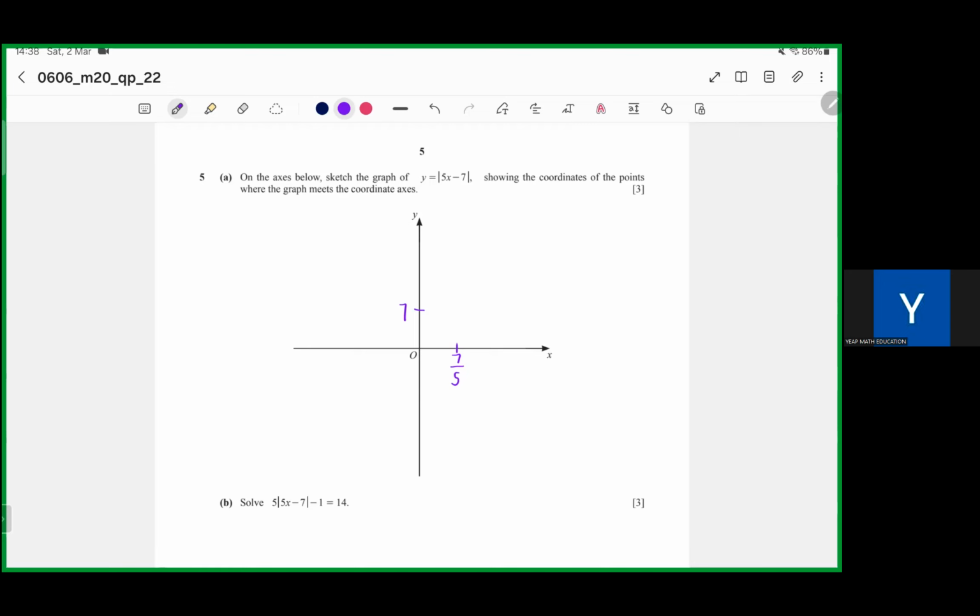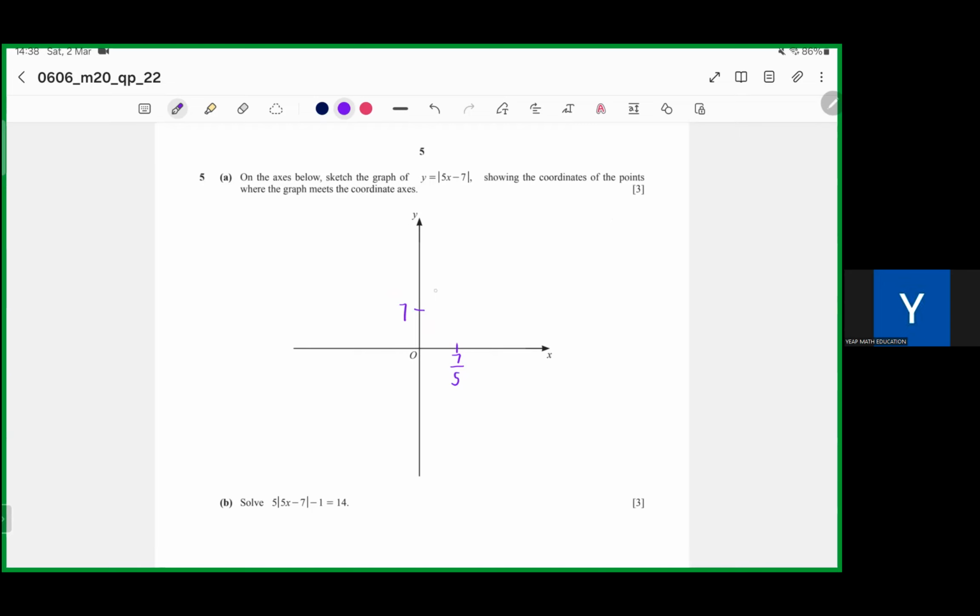And one more, why is here 7? Okay, we can put x equals 0 here, so 5 times 0 minus 7, we get negative 7, right? So actually the answer is 7, because this is a modulus function.